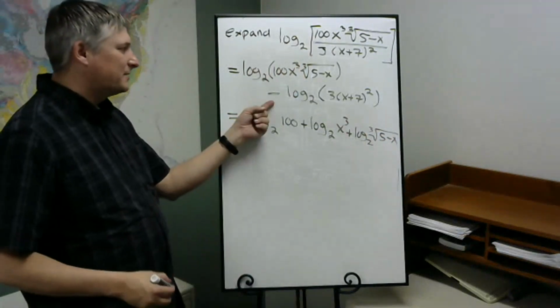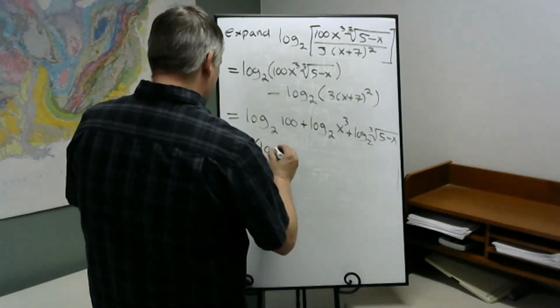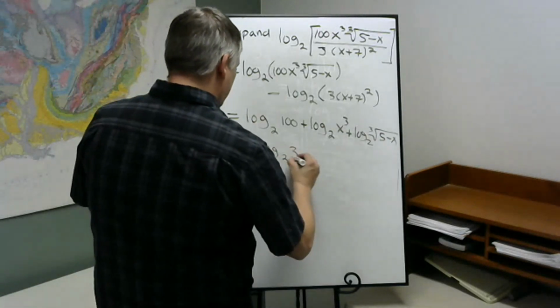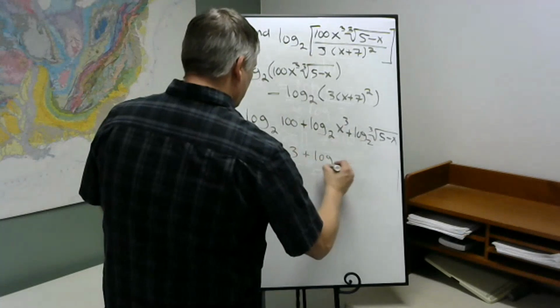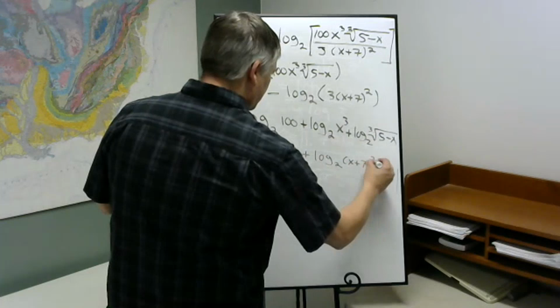They're going to subtract, and this means we're going to get a sum. We're going to distribute at some point. Log base 2 of 3 plus log base 2 of x plus 7 squared.